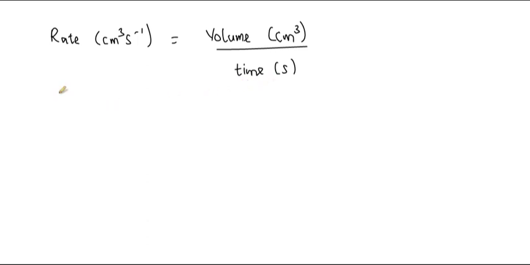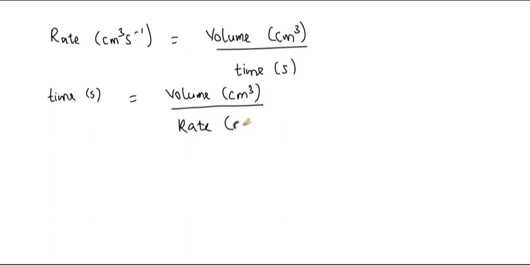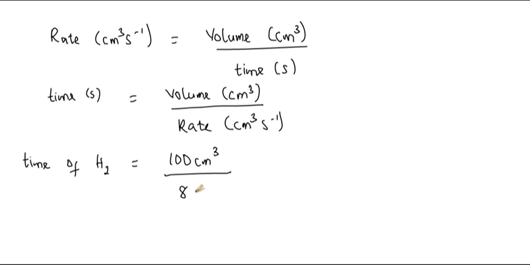To get time, we'll make time the subject. So time in seconds equals volume in cm³ divided by rate in cm³ per second. So the time of hydrogen gas will be the volume of hydrogen gas, which is 100 cm³, divided by the rate we've gotten, that's 8 cm³ per second.